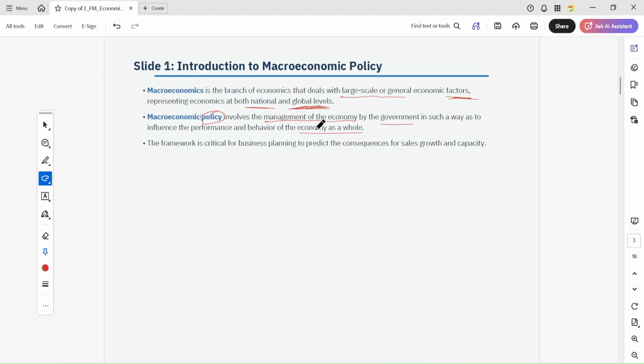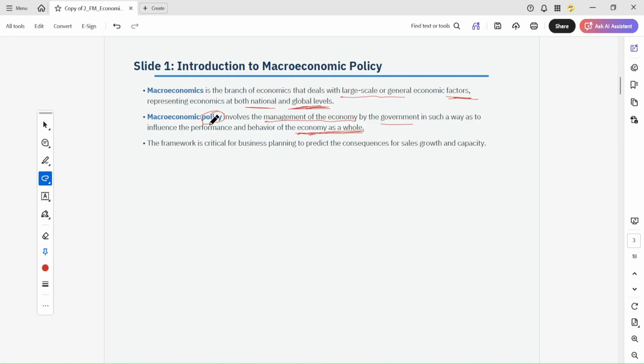Macroeconomic policy means management of the economy by the government that influences the economy as a whole. These policies and the framework are critical for business planning to predict and construct.